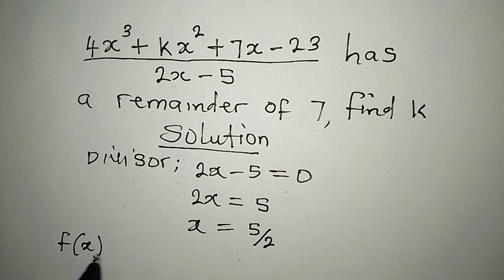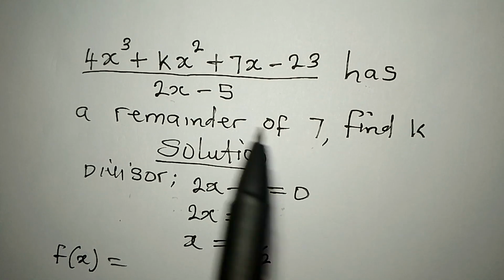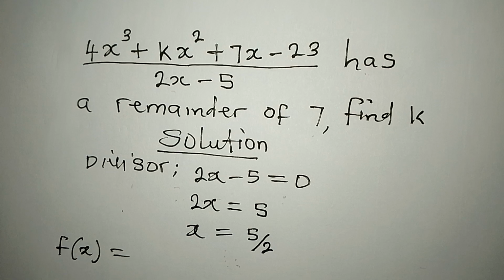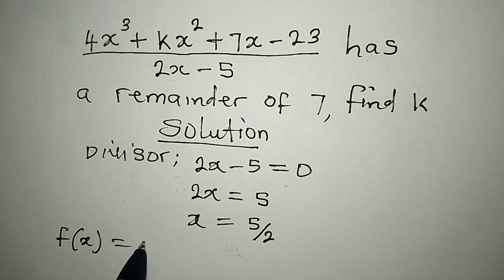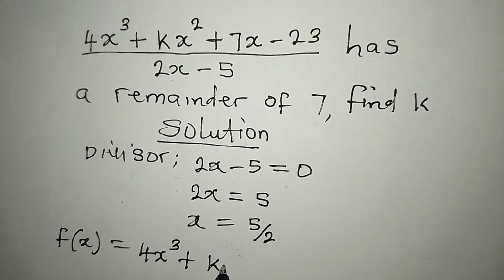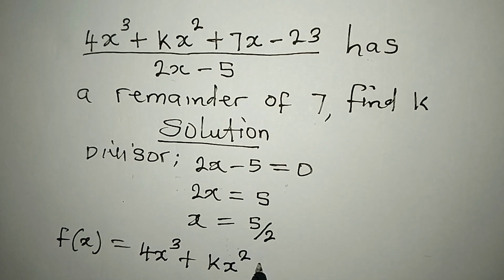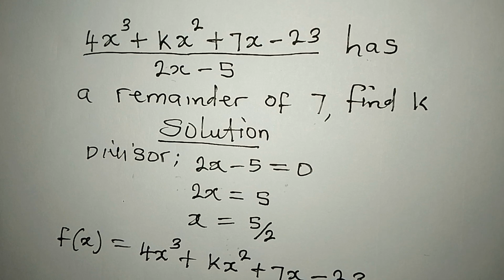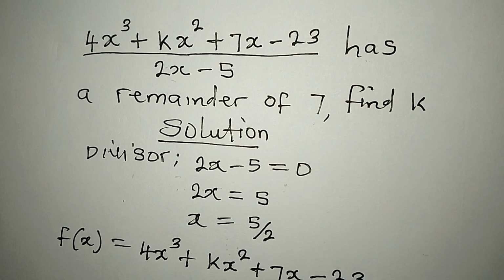Remember, our f of x should be our numerator, which is also called the dividend, right? So we got 4x to the power of 3 plus kx to the power of 2 plus 7x minus 23. So that's what we had.